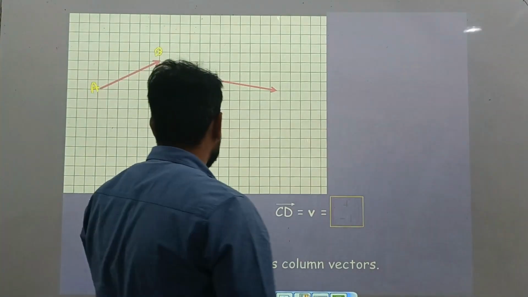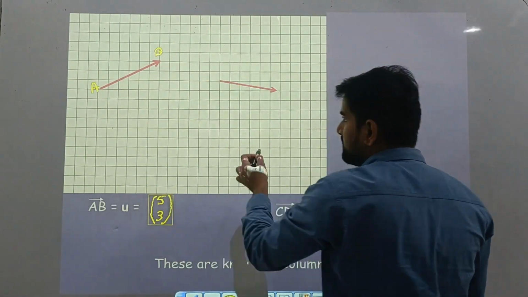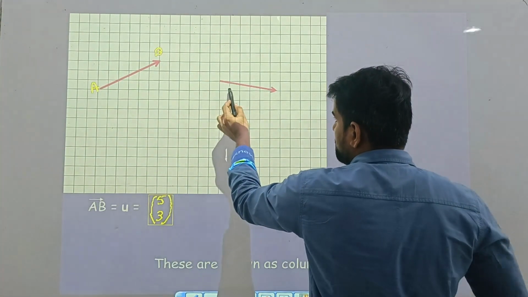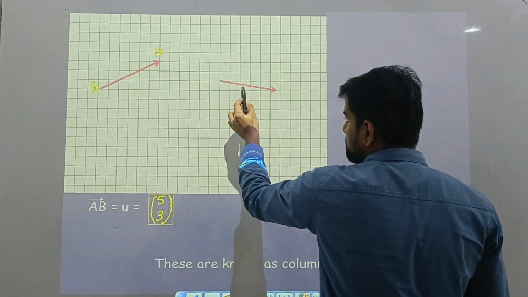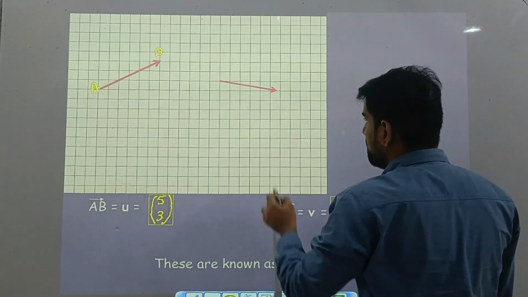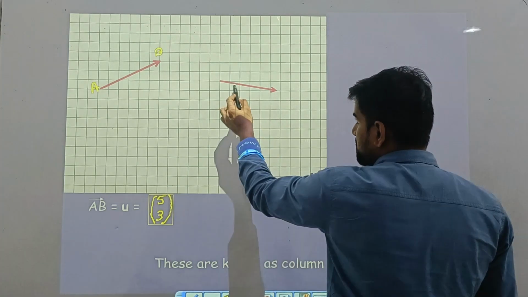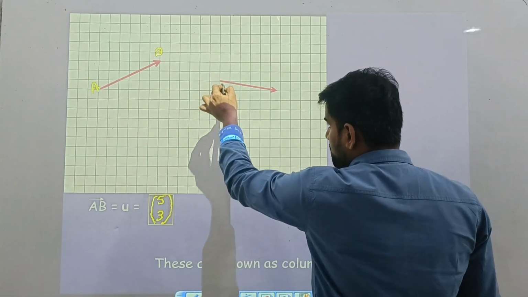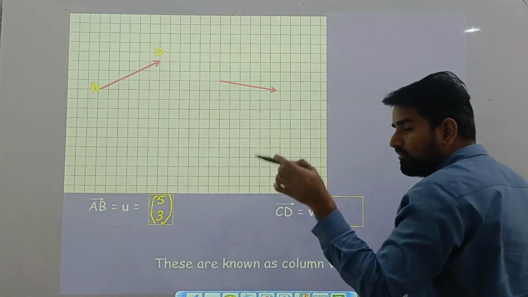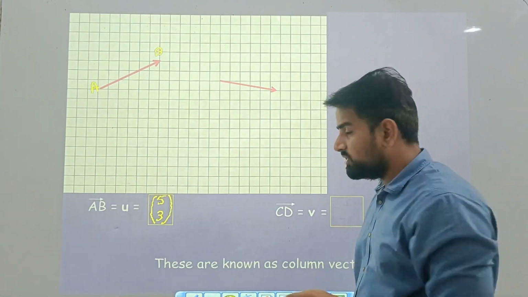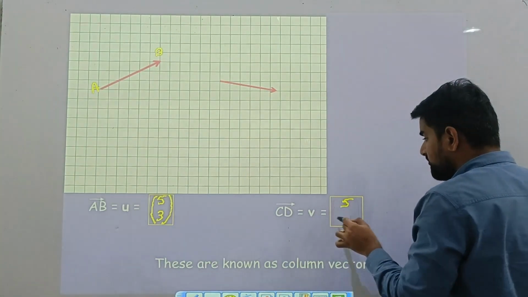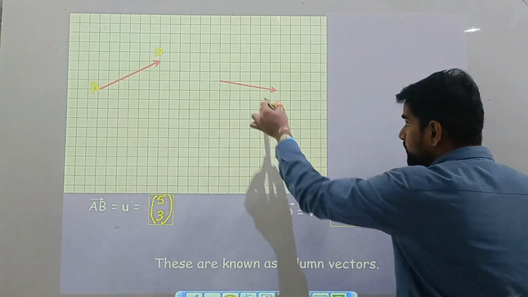Similarly, if I take this other example, I can count how many columns it's covering: 1, 2, 3, 4, 5 columns, and only 1 column vertically. I will write the horizontal columns first, so it's a 5, and then 1, and 1 in the negative direction.